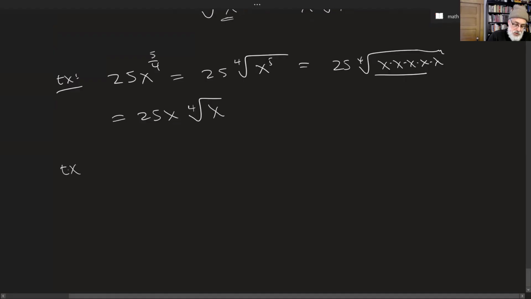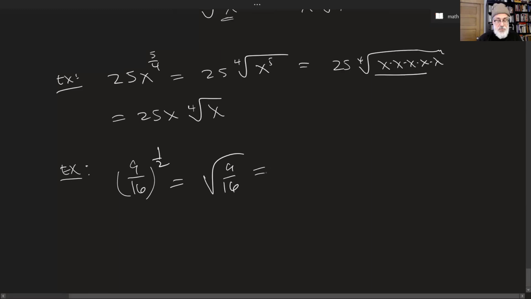Another example, rational exponent, simplifying. I can write this as a square root, 9/16. The quotient rule says I can take the numerator and denominator.